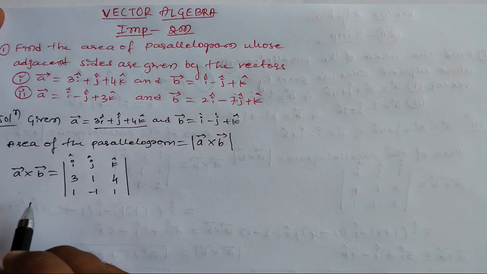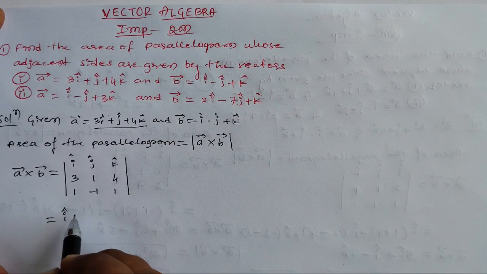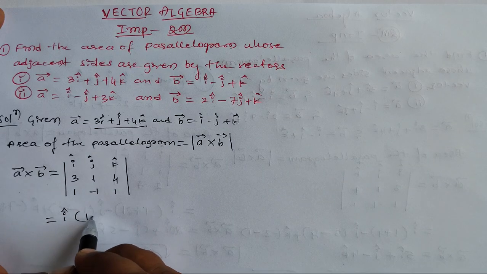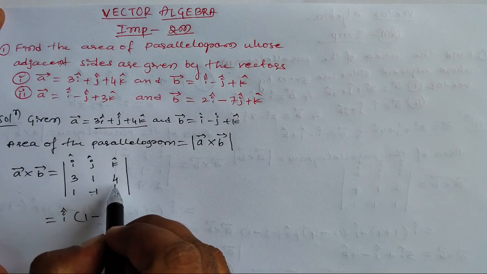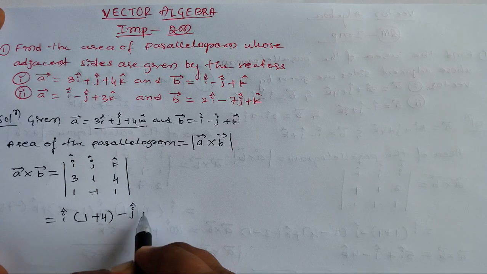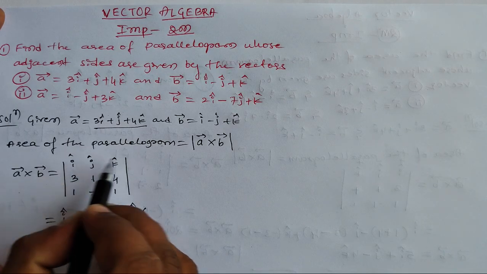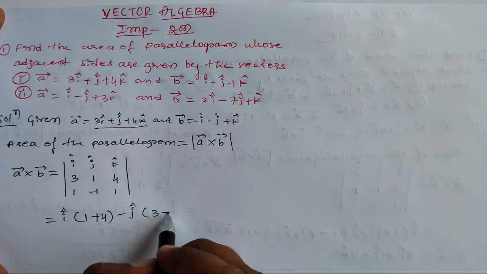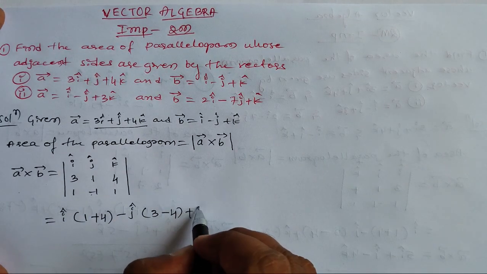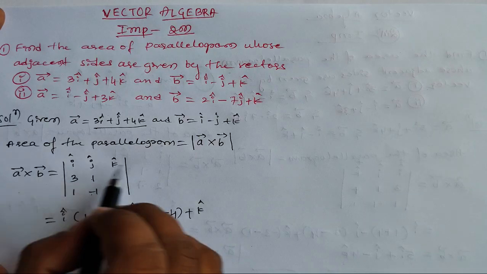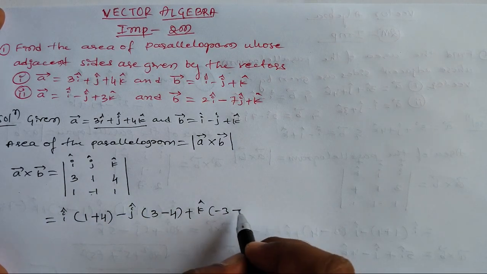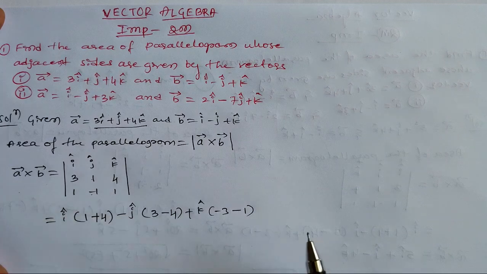That is equal to i, this column and this row, 1 into 1 becomes 1, minus 1 into 4 becomes minus 4, minus minus plus 4, minus j into bracket, this column and this row, 3 into 1 becomes 3, minus 1 into 4 becomes 4, plus k, this column and this row, 3 into minus 1 becomes minus 3 and minus 1 into 1 becomes minus 1.